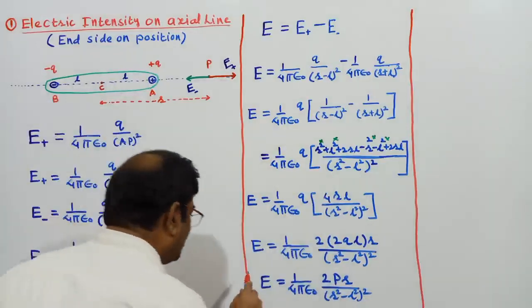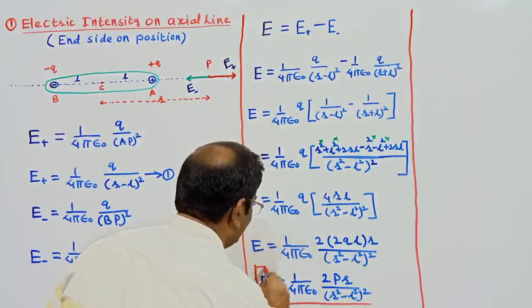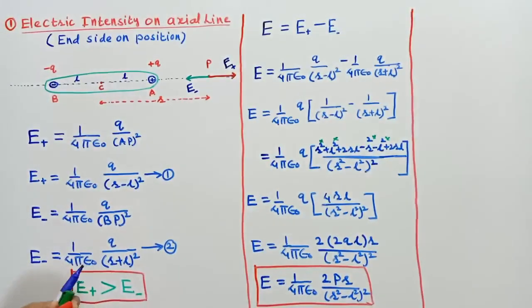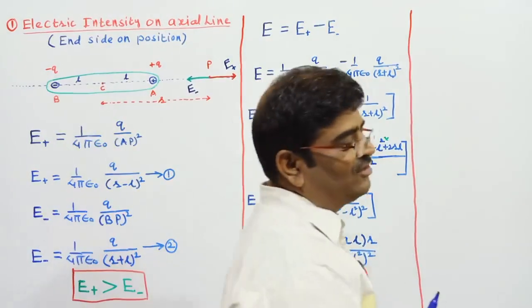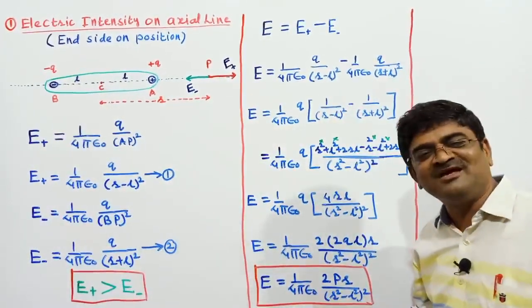And thus I have got an expression for electric intensity at a point due to dipole on axial line.